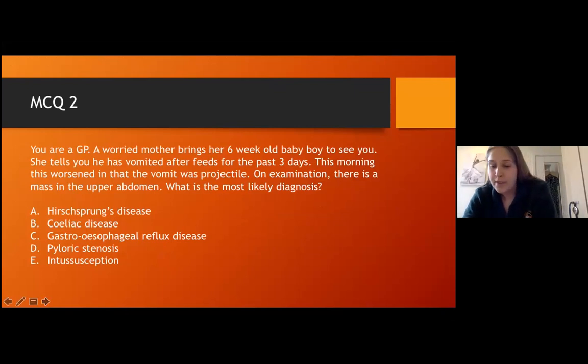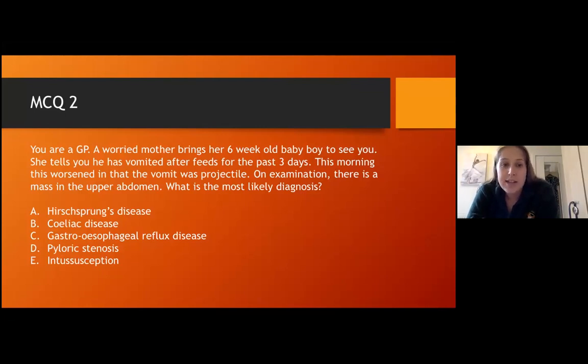So second MCQ before we move on to the next topic. You're a GP, a worried mother brings her 6-week-old baby boy to see you. She tells you he has vomited after feeds for the past 3 days. This morning this worsened because the vomit became projectile. On examination, you find a mass in the upper abdomen.